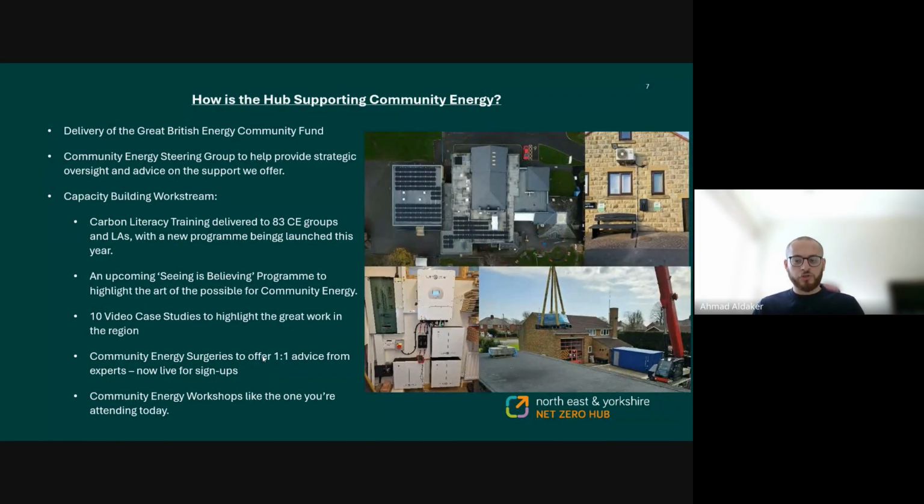Another thing they work on is training and increasing capacity and knowledge. So essentially, events and workshops that can upskill and educate in the low carbon sector, very much like this one. The hub is also partnering with us to deliver a series of online surgery sessions to accompany these workshops. The surgeries are one-to-one sessions hosted by us, and basically give you a chance to ask questions and discuss your own project. You can choose a time and date that suits you best, and we'll share the link to that later.